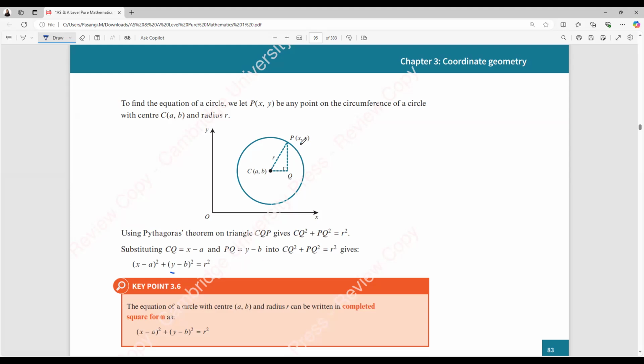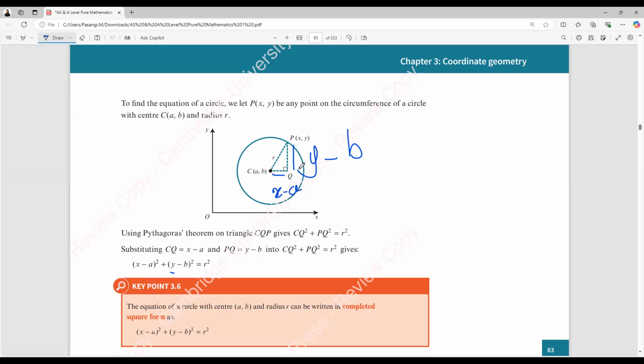So here we have the x value, x minus a. This part is actually y minus b, the difference between these two. And here we have x minus a as well.